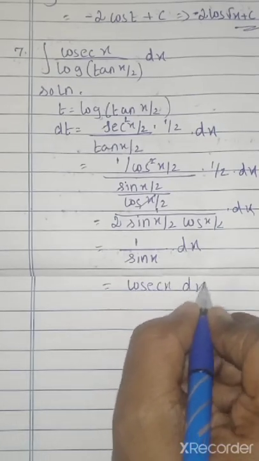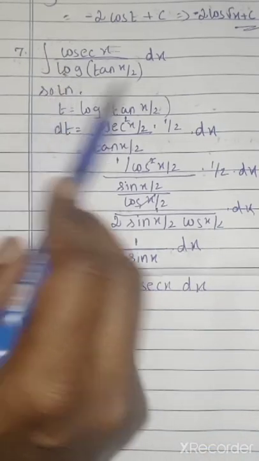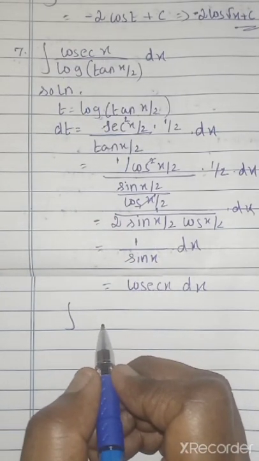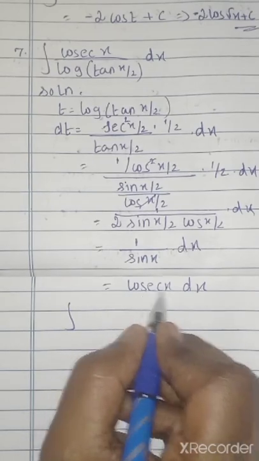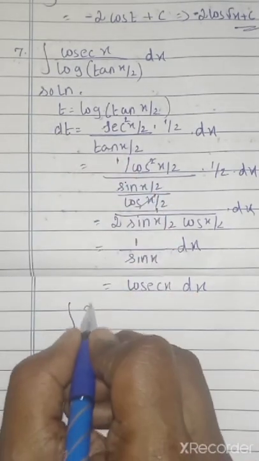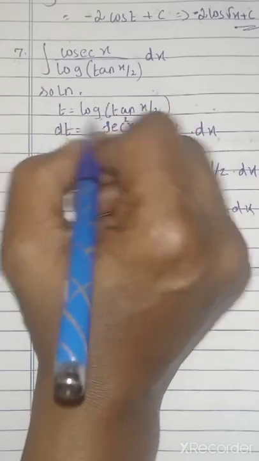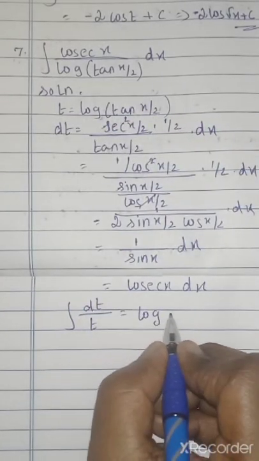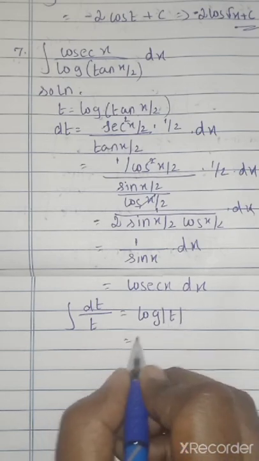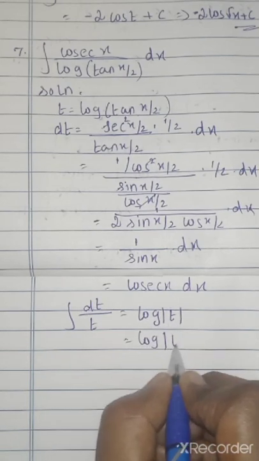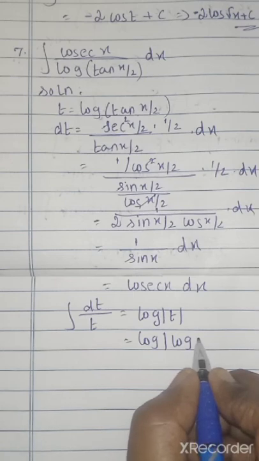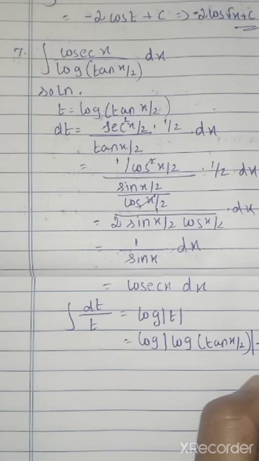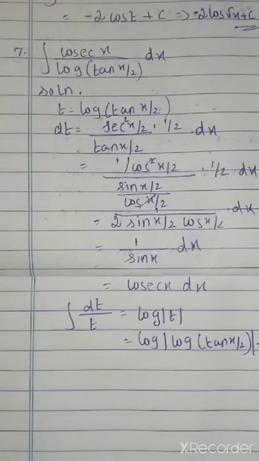Cosecant x dx. Now look here, we differentiated this and we got the numerator. So we can write this integral cosecant x dx as dt by t, taking t instead of this. So dt by t is log t, that is log of, what is your t value, log of tan x by 2 plus c is your final answer.